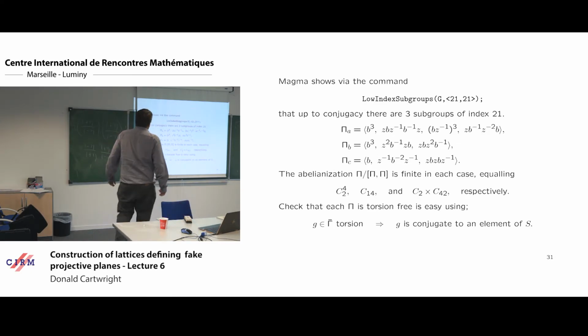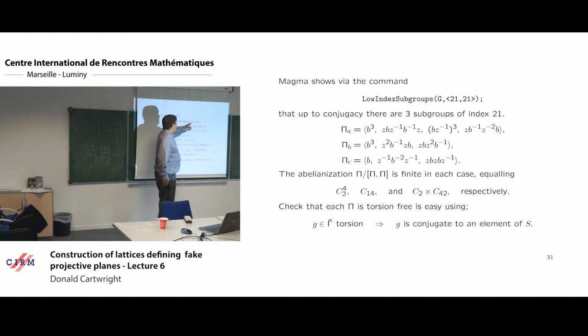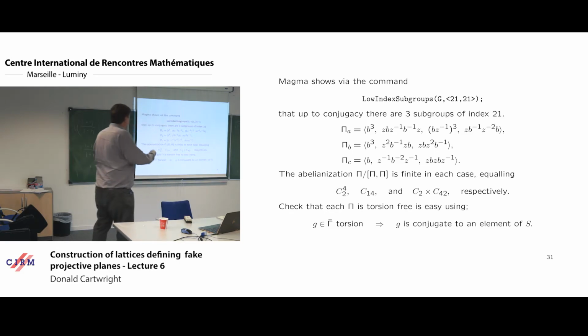And then Magma's got a command low index subgroups. This is the syntax of that command. If G is a previous thing, it lists the conjugacy classes of index 21 subgroups. In this case, you get 3.